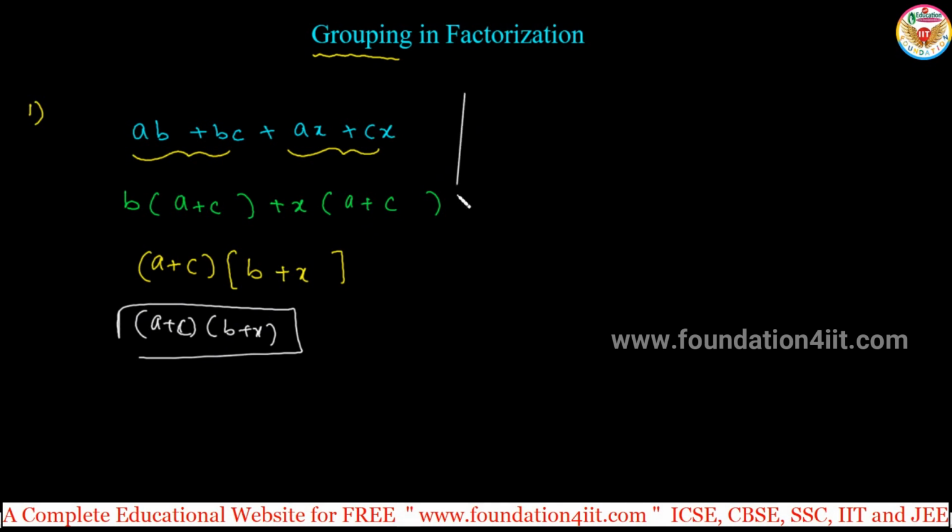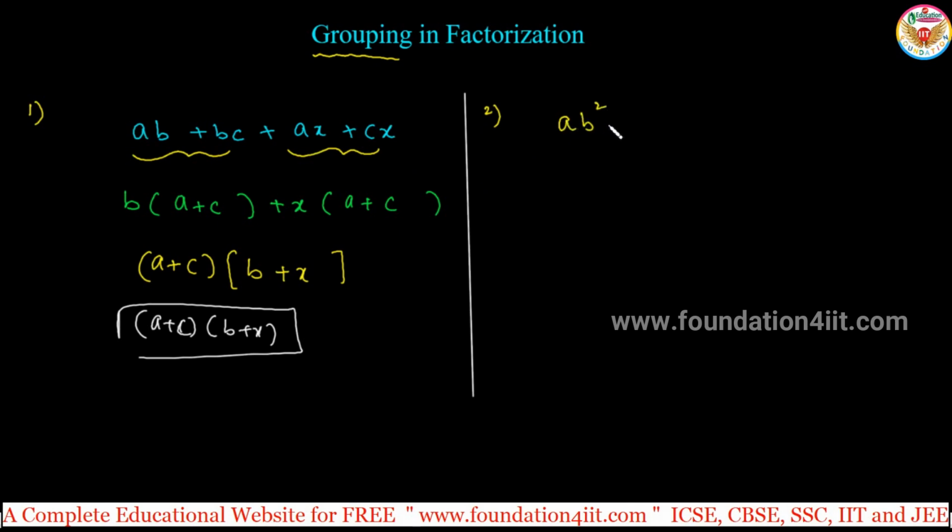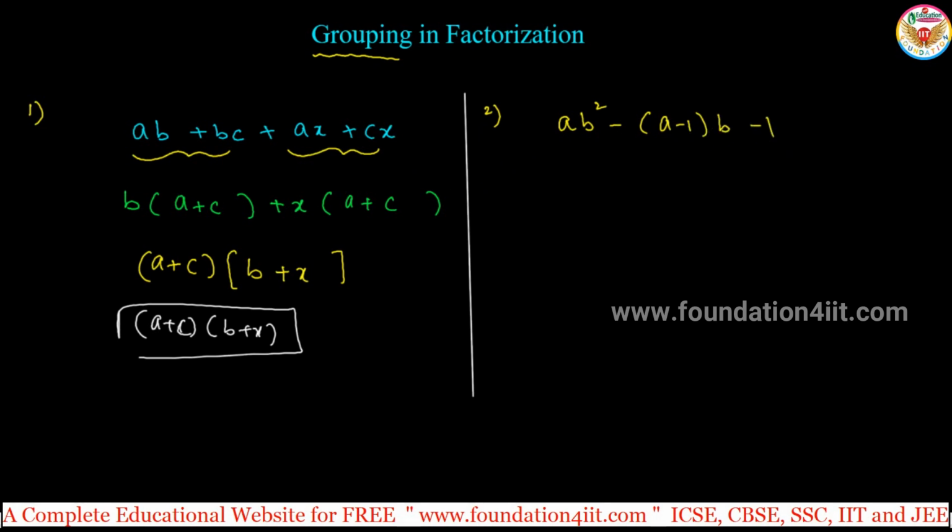This is one type. And when you come to another method, in case it is not an even number of terms, let me take one question: ab square minus (a minus 1) into (b minus 1). If any expression is of this type, we have to expand this first.